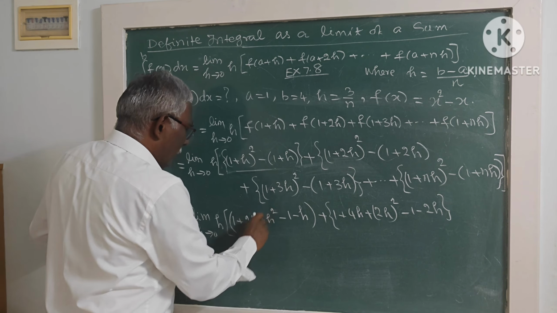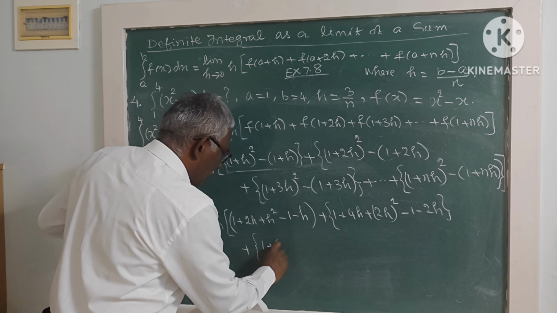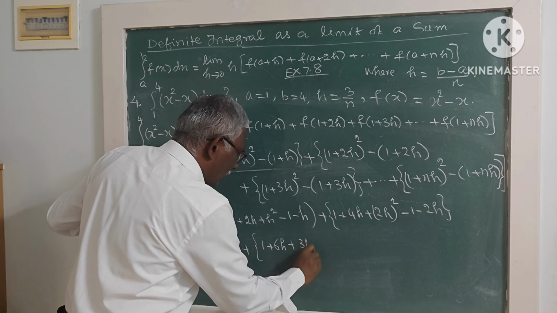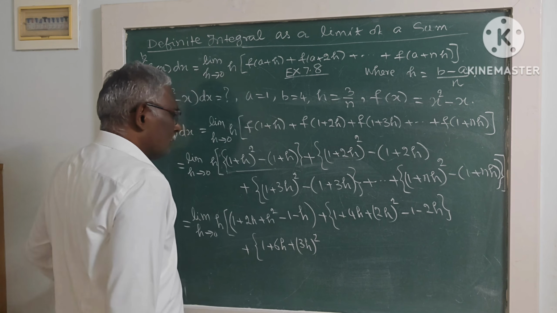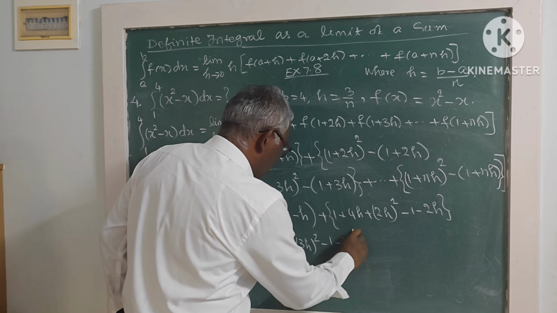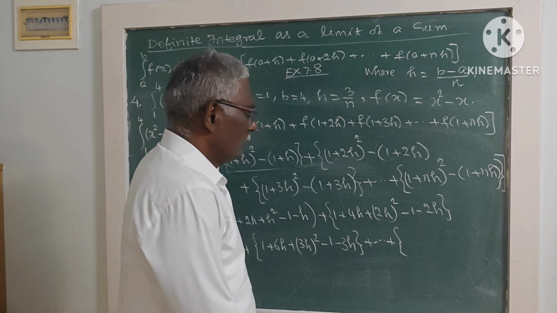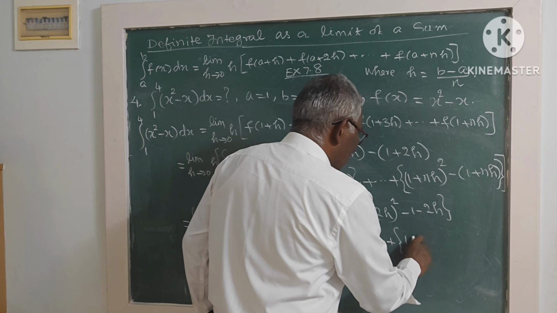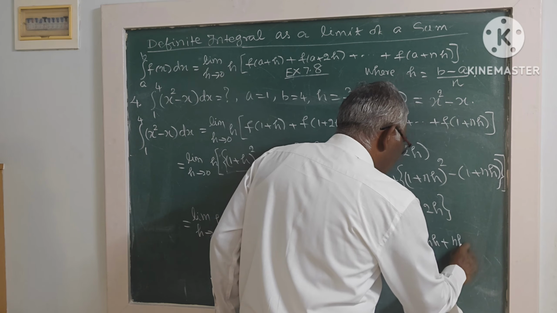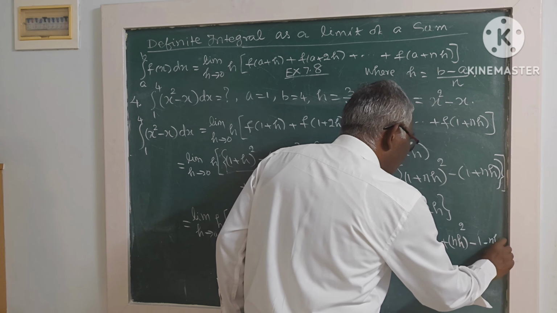plus 1 plus 6h plus 3h whole square, minus 1 minus 3h, plus etc. 1 plus 2nh plus nh whole square, minus 1 minus nh.